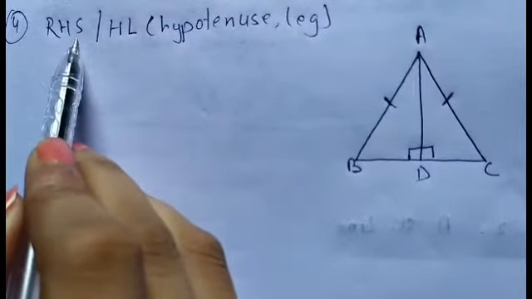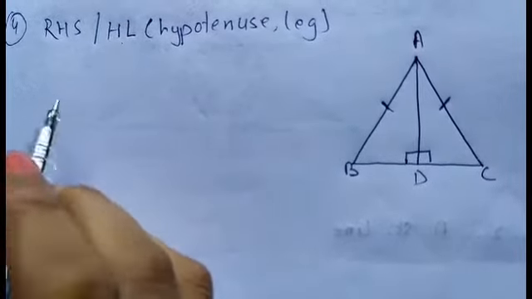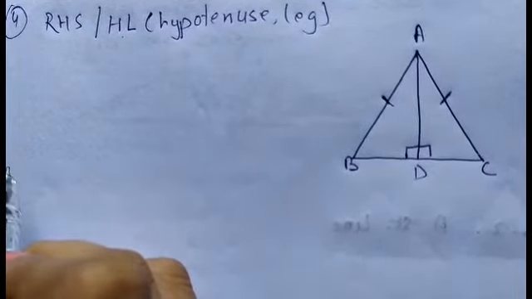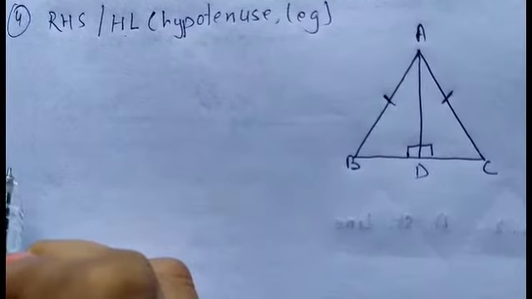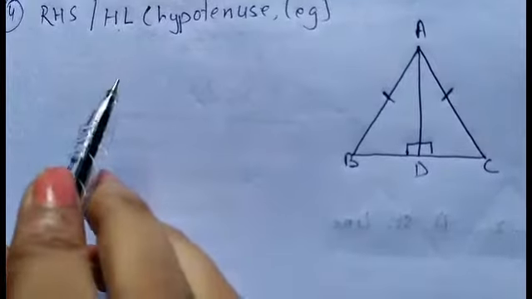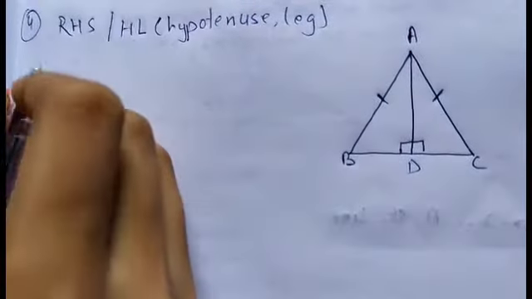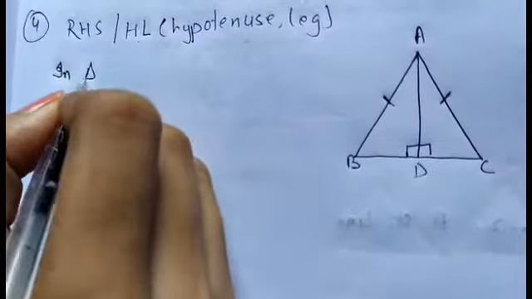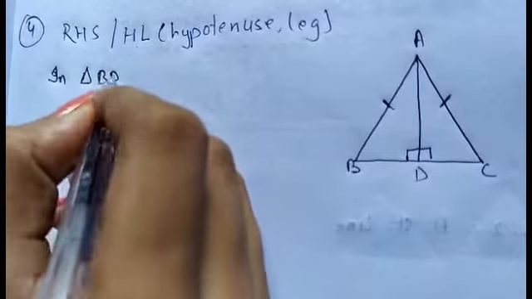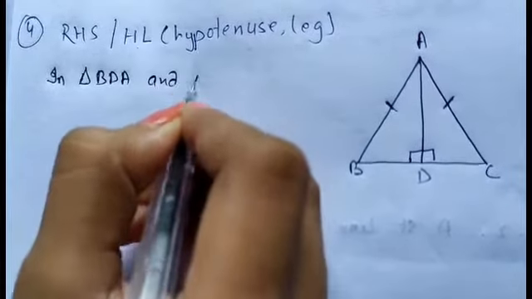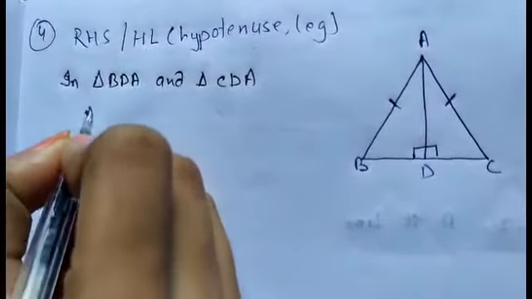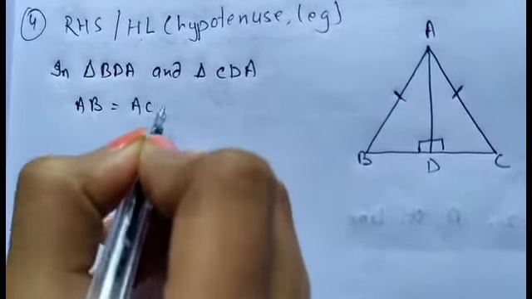Fourth, RHS or HL rule. RHS: if in two right triangles the hypotenuse and one side of one triangle are equal to the hypotenuse and one side of another triangle, then the two triangles are said to be congruent. For example, in triangle BDA and triangle CDA, AB is equal to AC, given.